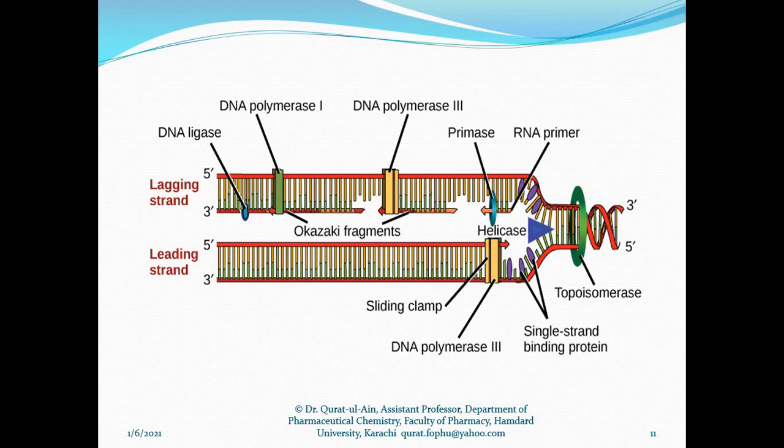These Okazaki fragments are also always synthesized from 5 to 3 direction. So you have to keep in mind that DNA replication always goes from 5 to 3 prime direction, which means DNA polymerase 3 always synthesizes DNA from 5 to 3 prime direction.